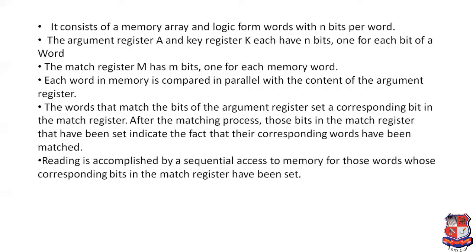Reading is accomplished by a sequential access to memory for those words whose corresponding bits in the match register have been set. So when the match of the bits is performed, then reading means the output of the data is shown.